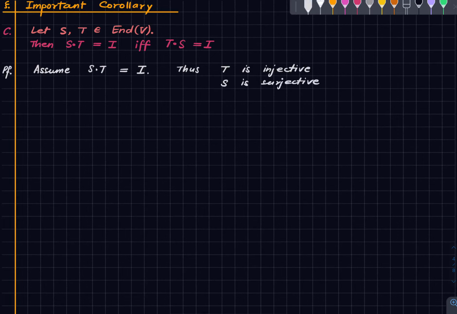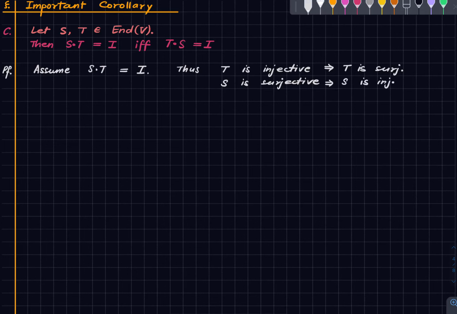Right? This is a set-theoretic statement. If this happens to be identity, nothing to do with linear algebra, it automatically forces that T is injective and S is surjective. But since T is a linear endomorphism, this implies T is also surjective and S is also injective.